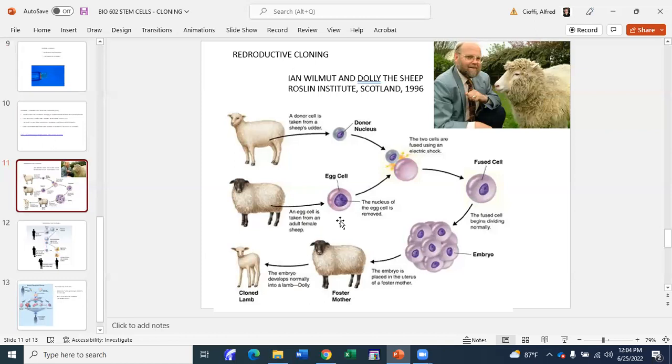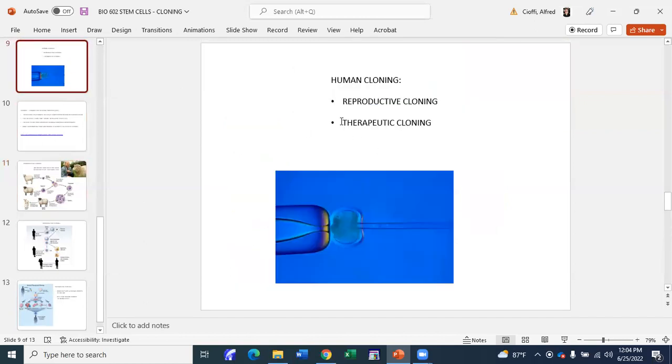Anyway, that was the whole purpose for this background, for this protocol, to eventually generate ICMs that were of the same origin, the same genome as the patient. So you can see, I mean, specialized medicine, right?